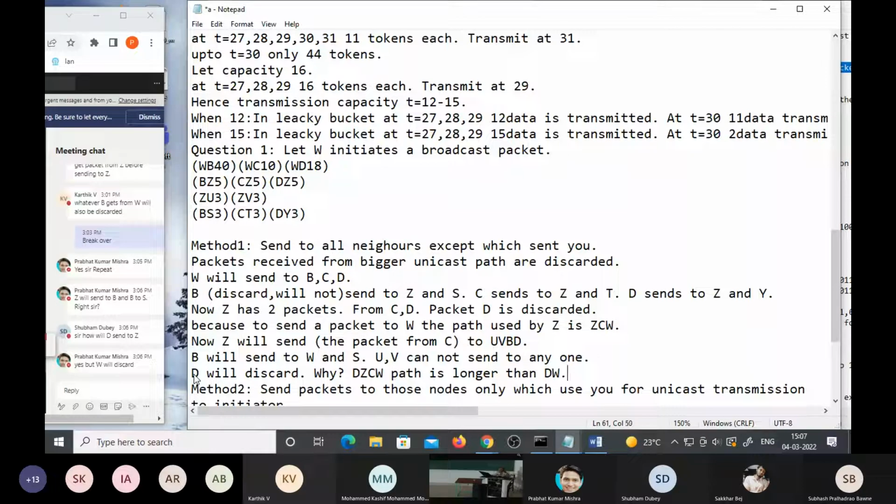Do you agree? Yes. D will discard. Yes, correct.